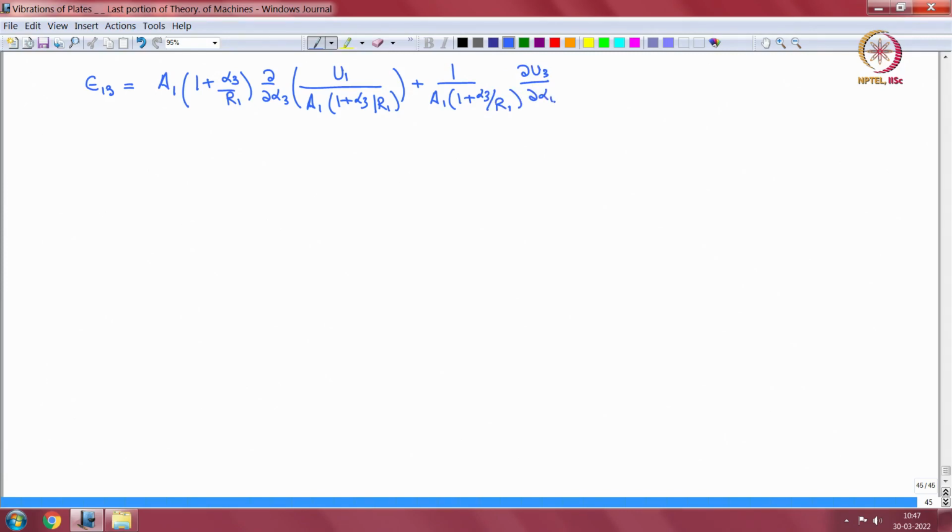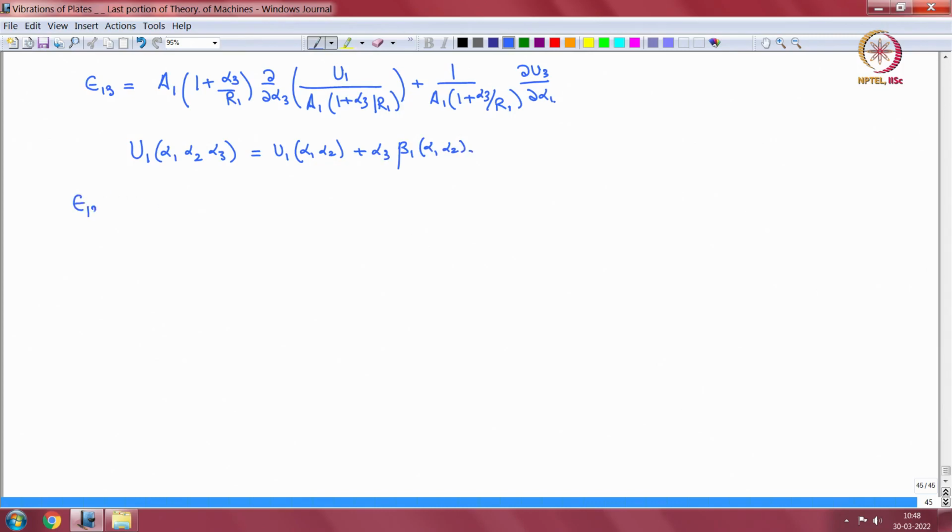Now we brought in the beta. So U1, which is a function of alpha 1, alpha 2, alpha 3, became small u1, a function of alpha 1, alpha 2, plus alpha 3 times beta 1, a function of alpha 1, alpha 2. We will put it in there.